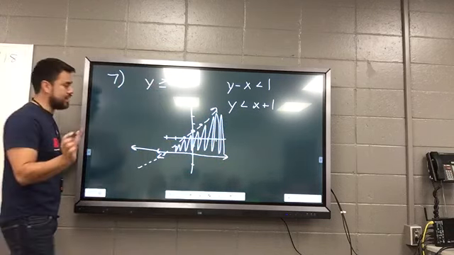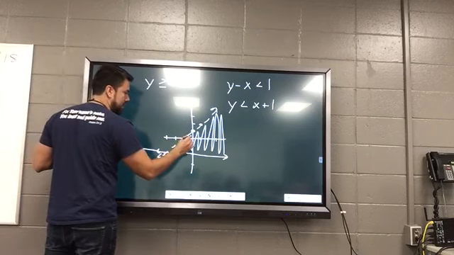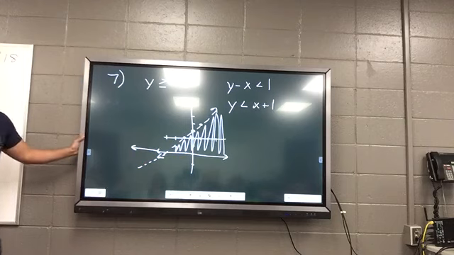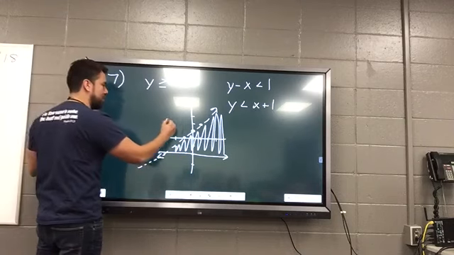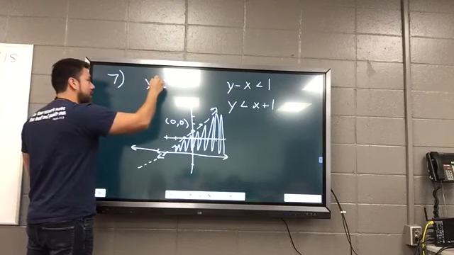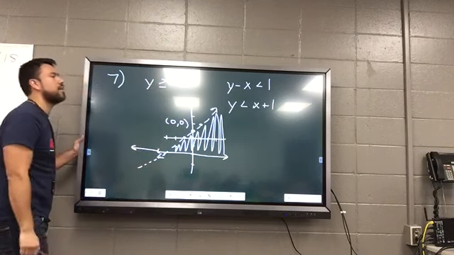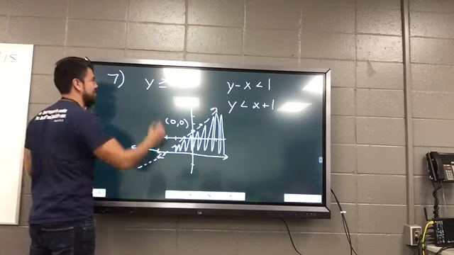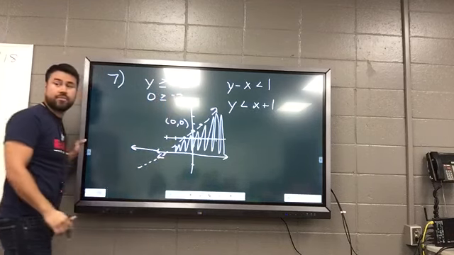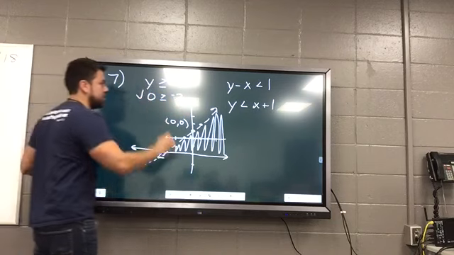If you want to check it, an easy point to use is right at the origin, 0, 0. Very nice to use. So I'm going to pick 0, 0 just to see if it's right or wrong. Is 0 greater than or equal to -2? Is that true? Yes, that checks.